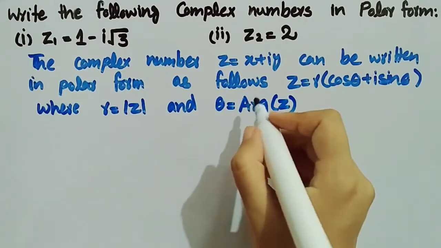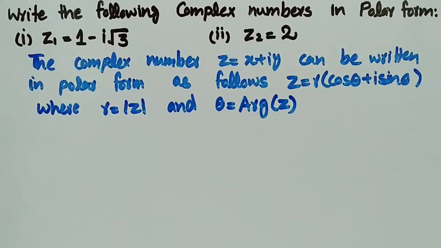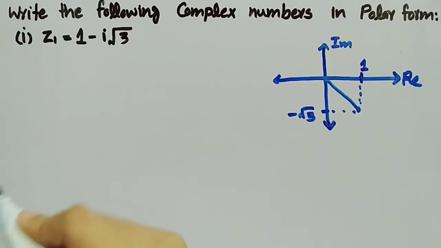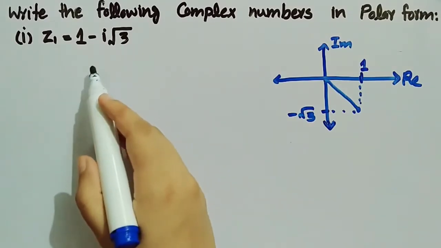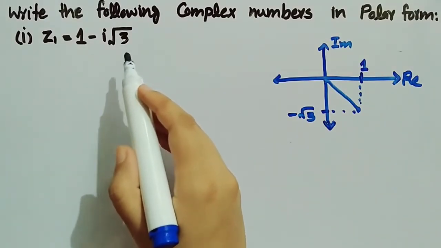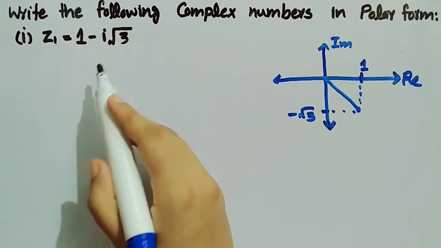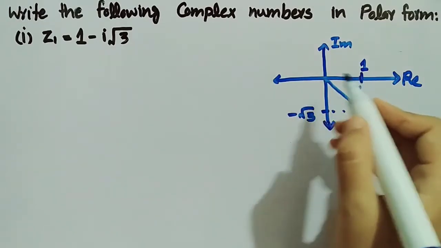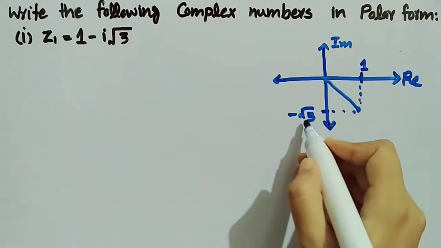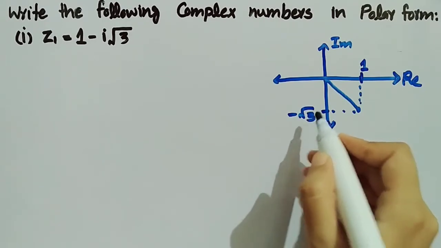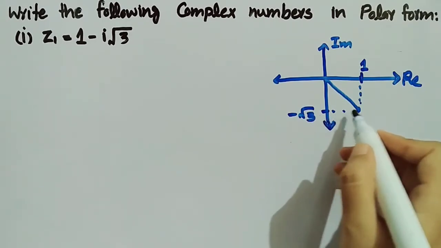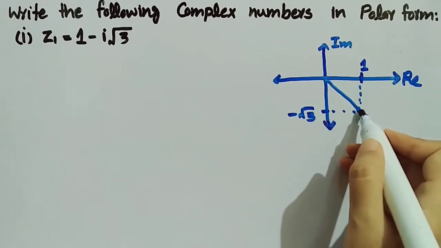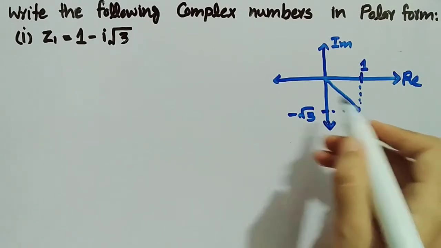Now let's move towards examples. In the first example, the complex number z1 is equal to 1 minus iota square root 3 is given. Its real part is 1 and its imaginary part is minus square root 3. So the complex number lies in the fourth quadrant.